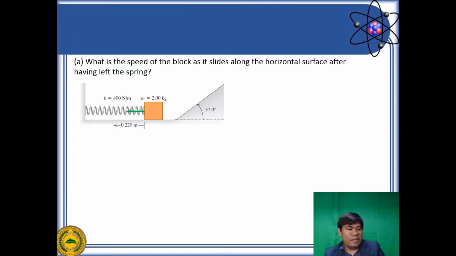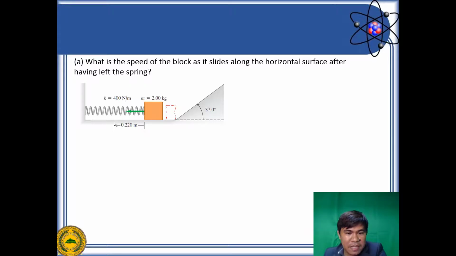Okay, so let us answer this problem. We are asked to solve for the speed of the block as it slides along the horizontal surface after having left the spring. Take note that when the block pushes the spring, it compresses the spring by a distance equal to 0.220 meters, and then when it is released, it moves on a smooth surface.